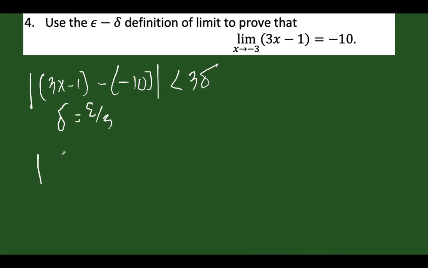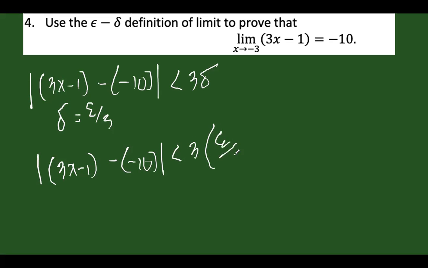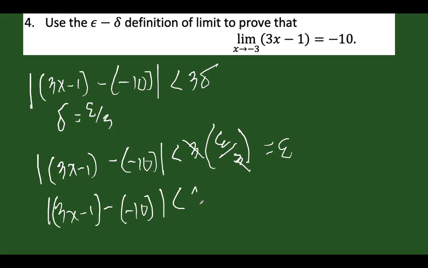So let's substitute. So this becomes the absolute value of 3x minus 1 minus negative 10 is less than 3 times epsilon over 3. And I can cancel out 3 here, so this becomes epsilon. So we have the absolute value of 3x minus 1 minus negative 10 is less than epsilon.